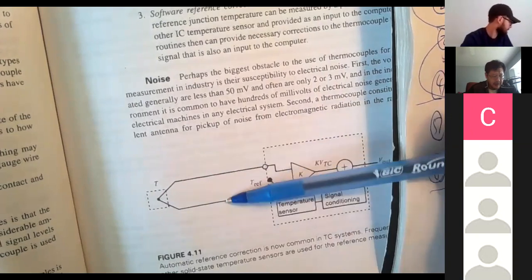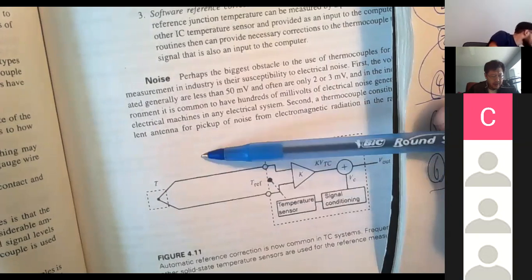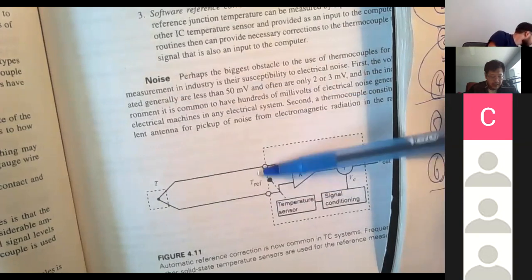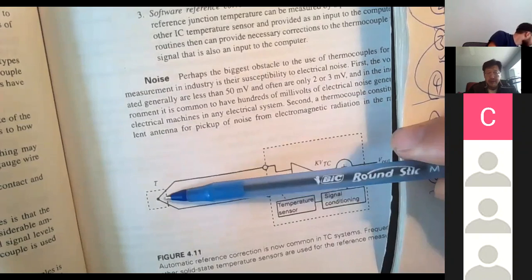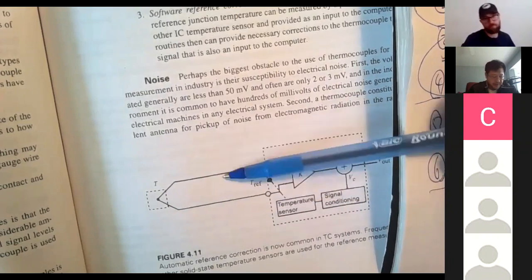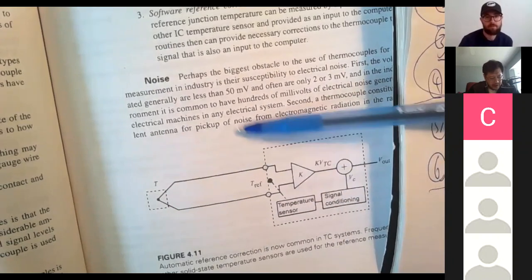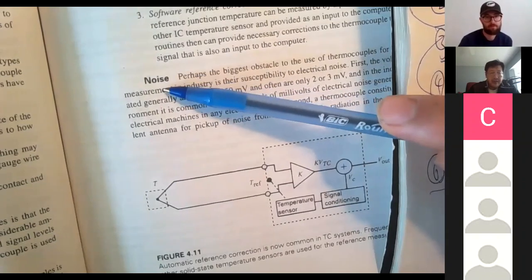So it's very important to reduce noise. Otherwise, what you get here is all noise. It's not the temperature measured, but the electrical noise. So it's very important to keep the electrical noise down.